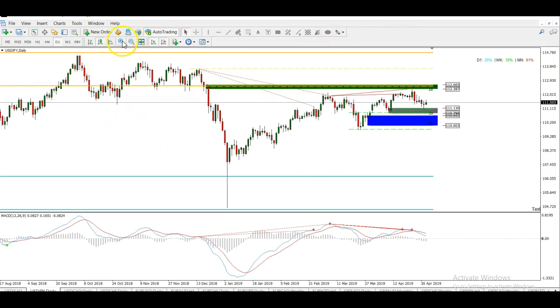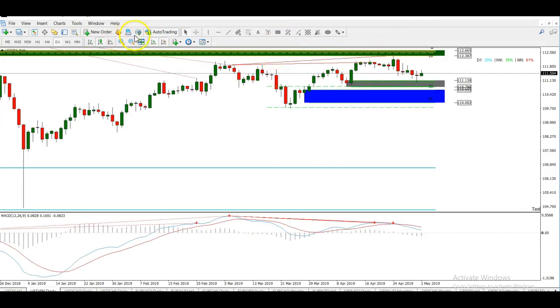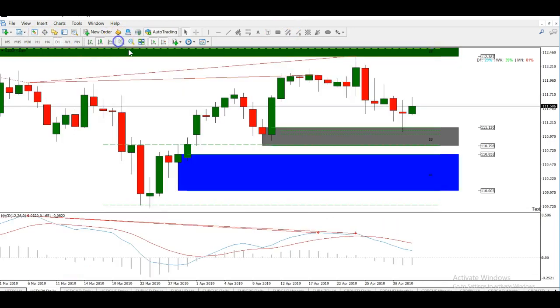So yesterday we did have a nice day trade on this. It dropped nicely into this daily area here that caused this high, and we got the trade.